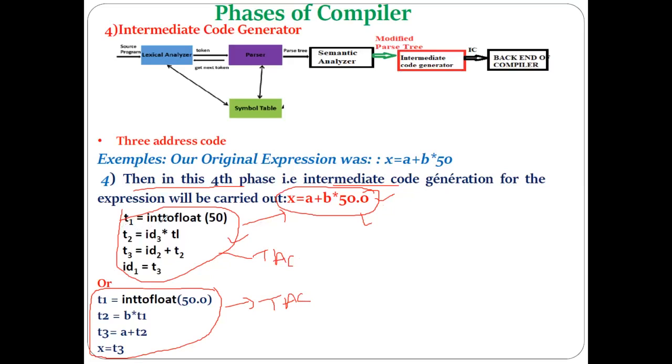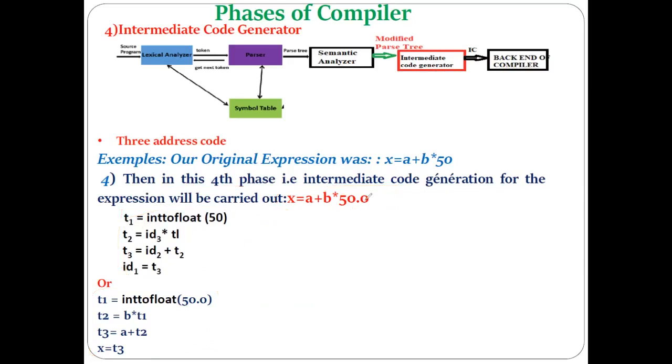As I said, different kinds of temporary variables are utilized while generating the 3 address code as an intermediate code. So here we take T1 as a temporary variable, and we have to follow some rules while generating the 3 address code. Precedence will be given to the conversion first.